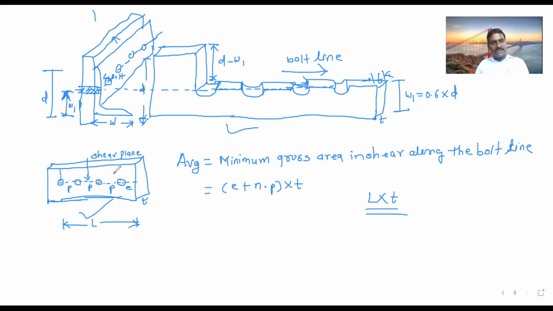You can see, can you understand that this written formula is the explanation of the figure? Area is nothing but we have two dimensions. Is this correct? To calculate an area we need two dimensions, right? Yes, sir. Okay, now what are these two dimensions? This length into this thickness. These are the two dimensions for the calculation of this gross area in shear, because this is your shear plane.